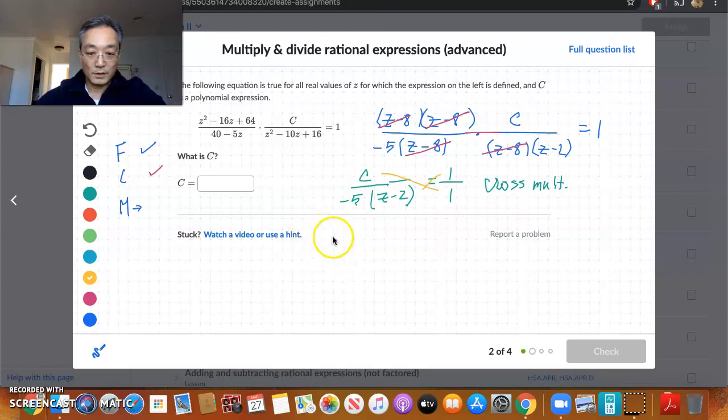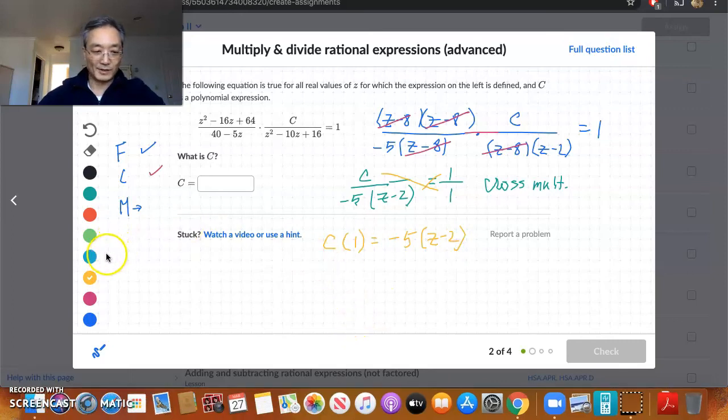So c times 1 is equal to 1 times that, which is negative 5 times z minus 2. Okay? The orange doesn't seem to be very bright, so I'm going to change the color here. And then, of course, c is equal to, you can just expand this if you want, right?